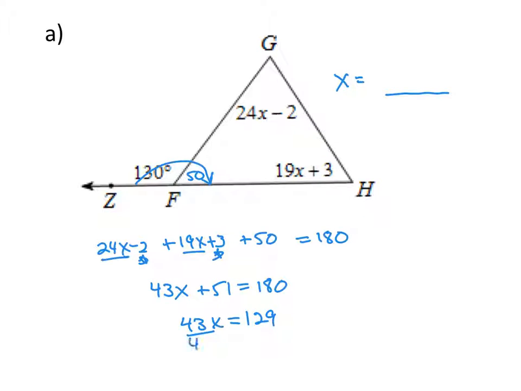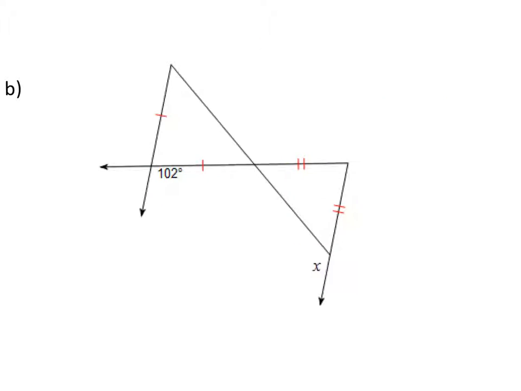So dividing by 43 to both sides, x will equal 3. So x equals 3. If I wanted to, I could fill that back in to figure out what the angles actually equal. In this case, this would equal 70. And the other one, we would have this equal to 60.